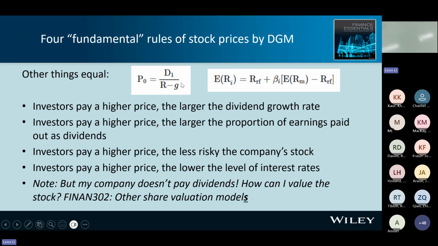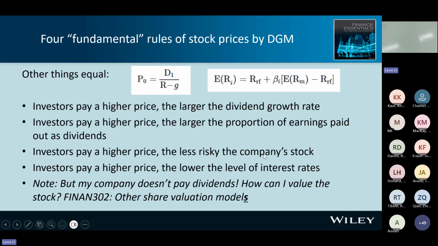So minus G, higher G, lower, this is numerator over denominator. So higher G, lower R minus G, and higher P0, right? Second rule, the larger the proportion of earnings paid out as dividend, the higher the price. So this is about D1. When D1 goes up, P0 will go up. The second rule.